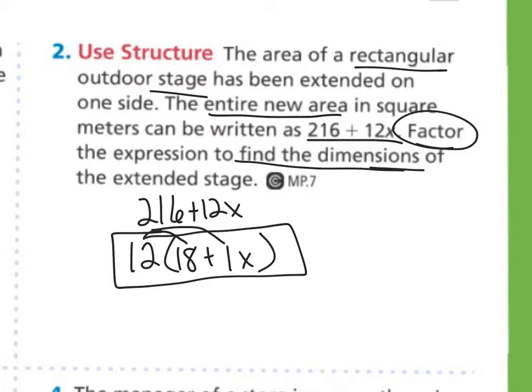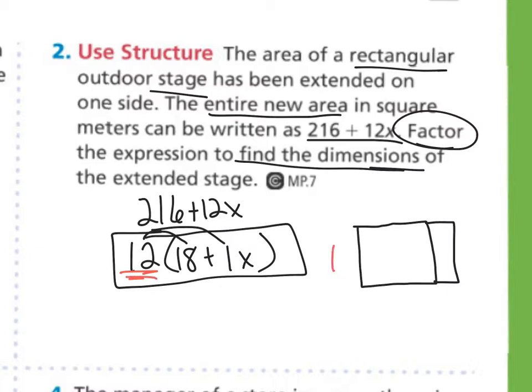And then they want us to find the dimensions. So what we can do is think about the number part must have been our original, which was 216. What we need to think about is that both of these had a 12 in common.